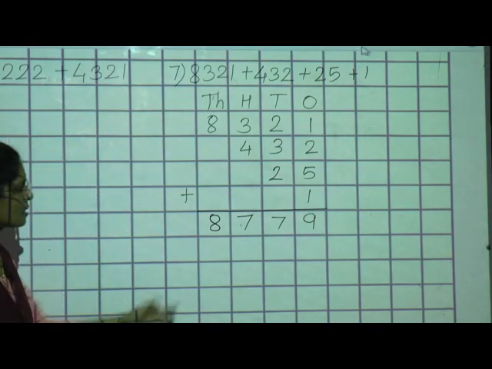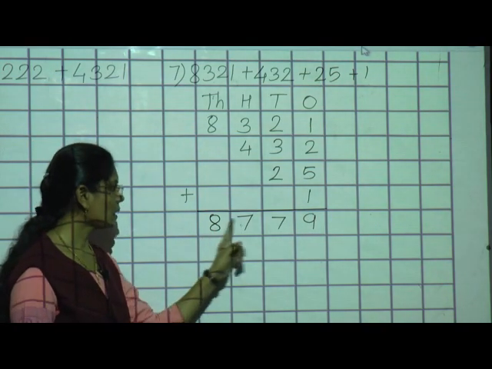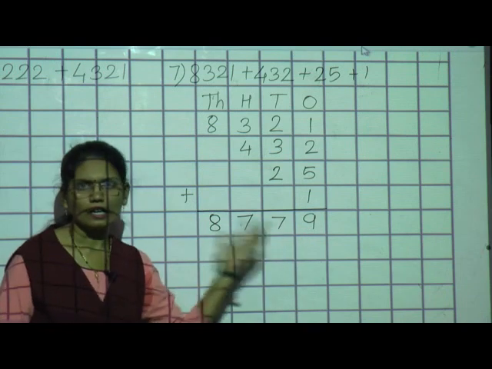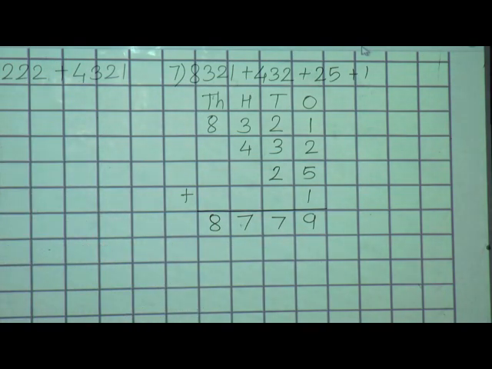So what will be the answer? The answer is 8779. This is our answer. Okay. Then the last example is example number 8. We will take that also.